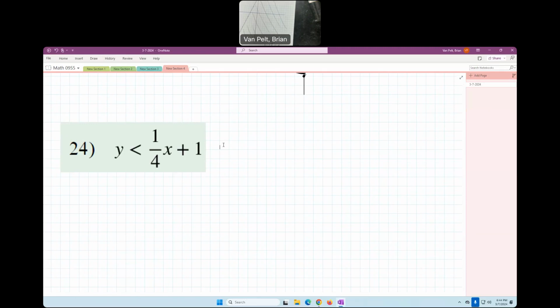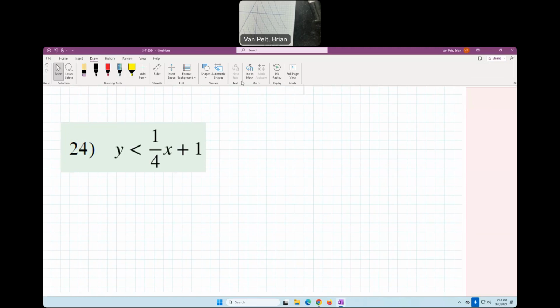All right, what kind of line do we use? Dash line? And shaded which way? Below. Below? What is that thickness?